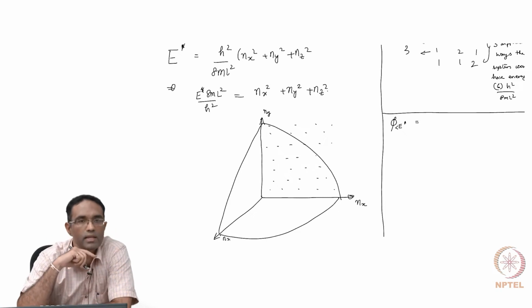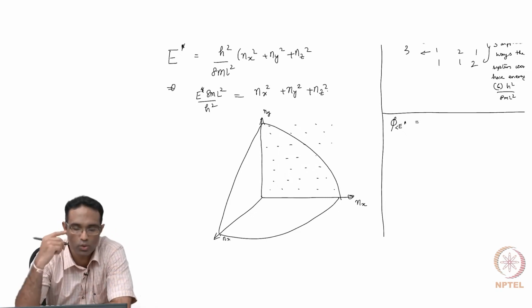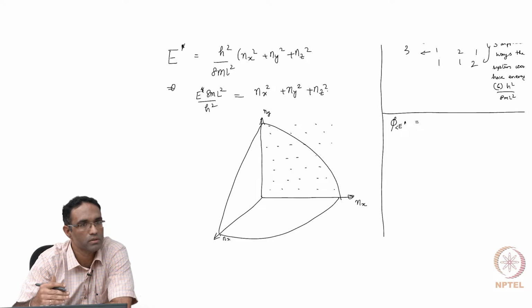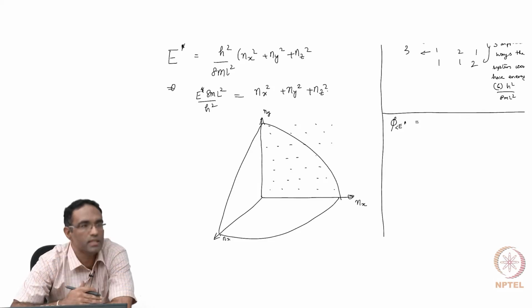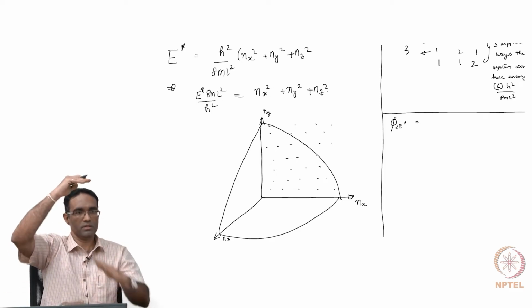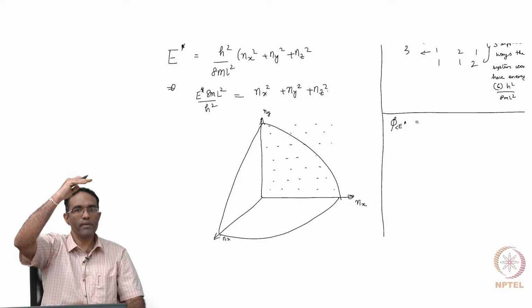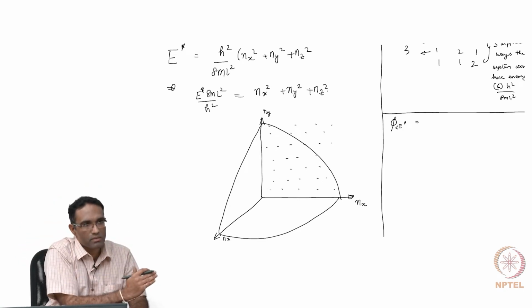Let phi less than E star be the total number of points which are less than E star. The total number of points which all have energies less than E star, right?